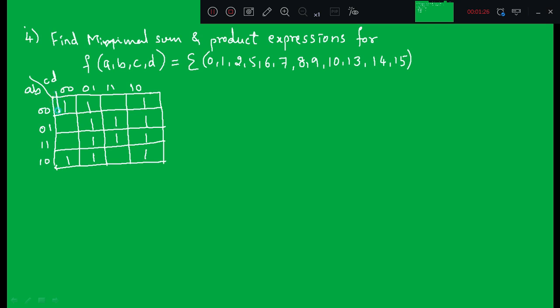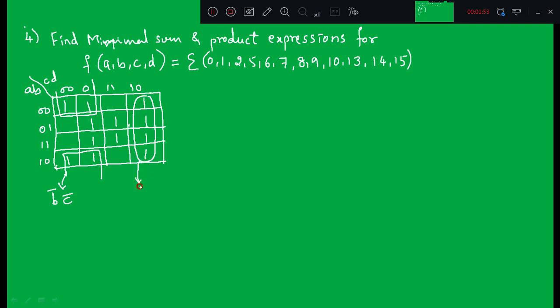So by looking at the min terms, I can group these two, because I am covering 4 min terms here. So what is the expression for this? You are covering 4 min terms, which means you can eliminate 2 variables, so it is b bar c bar. Next, you can cover these 4 in one grouping.